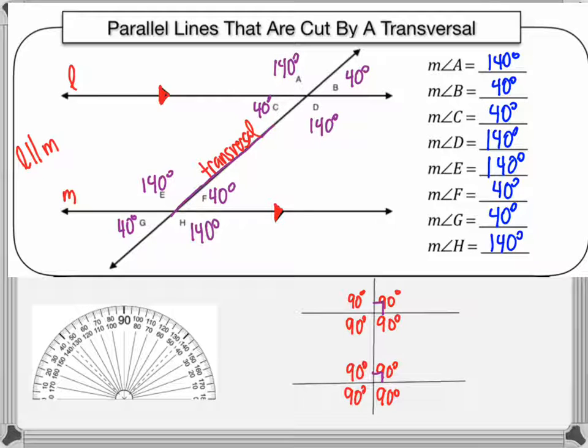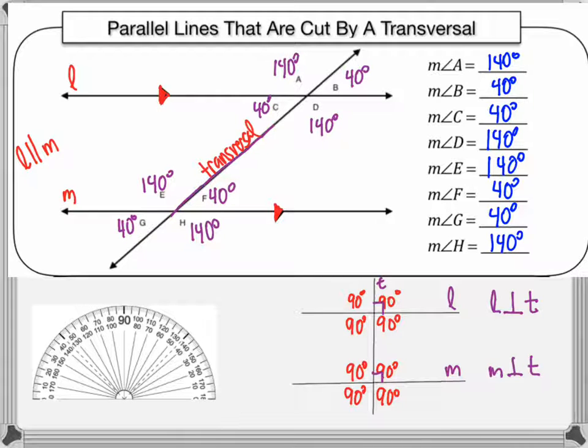The way I can write that: I'm going to write L, M, and call the transversal T. Since line L and line T make a 90-degree angle, I can say line L is perpendicular, meaning it makes a 90-degree angle, with line T. And line T is also perpendicular to line M, so I would say line M is perpendicular to line T.